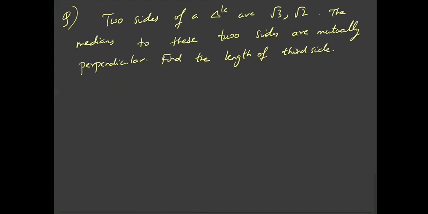So two sides of a triangle are given, root 3 and root 2. It is given that medians are perpendicular. You need to find the length of the third side. So just try this problem, then we'll discuss.